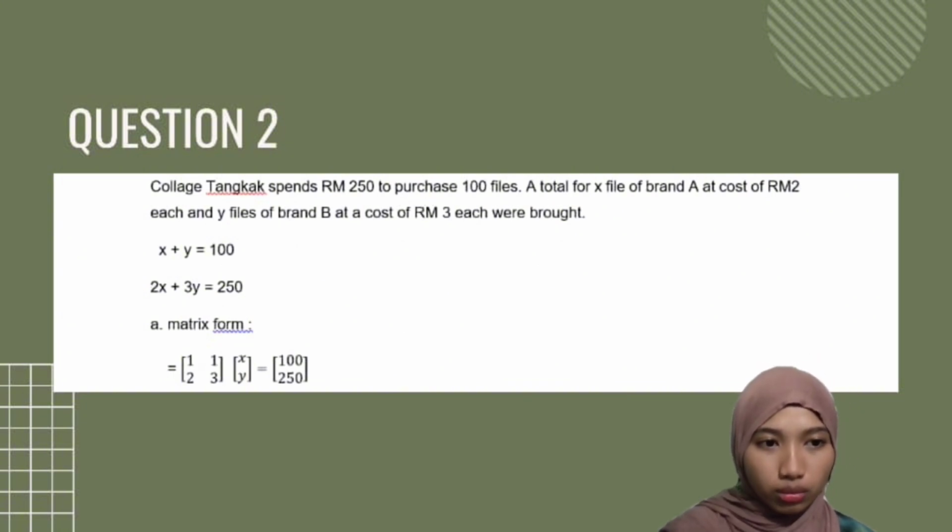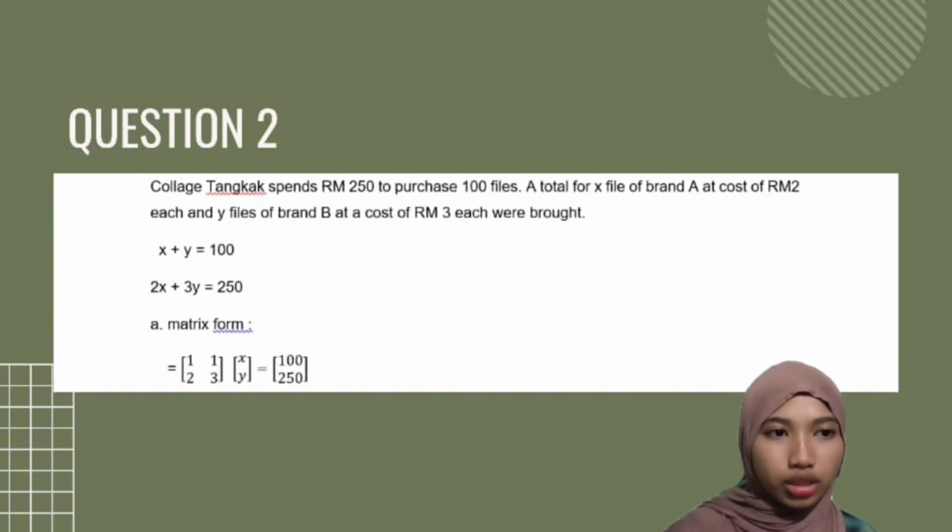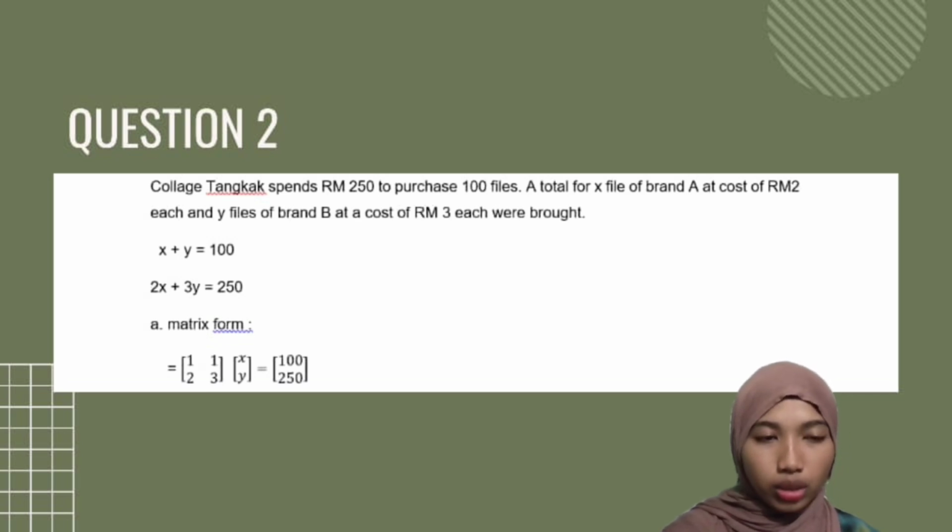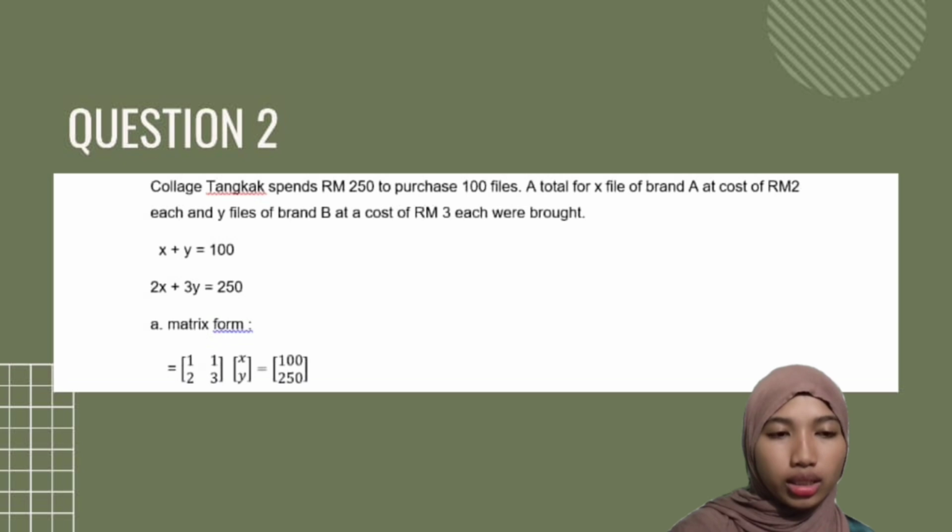We solve this equation using two methods. A, we use matrix form. In matrix form, on the left, we need to fill the equation in 2 rows and 2 columns, that is [1, 1; 2, 3].